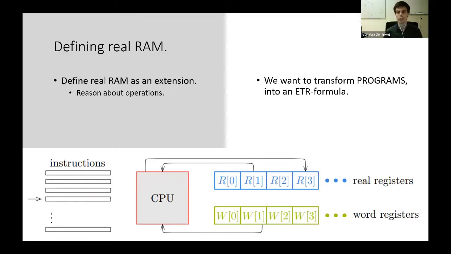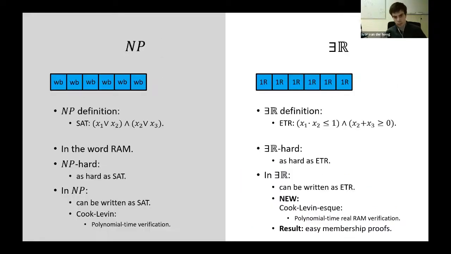We reason about which operations are and are not reasonable, safe, and so on. And given this toolbox, we can show a Cook-Levin-esque result, which says that if you give me a verification algorithm on the real RAM that runs in polynomial time for an algorithmic problem, then that problem lies in the existential theory of the reals.